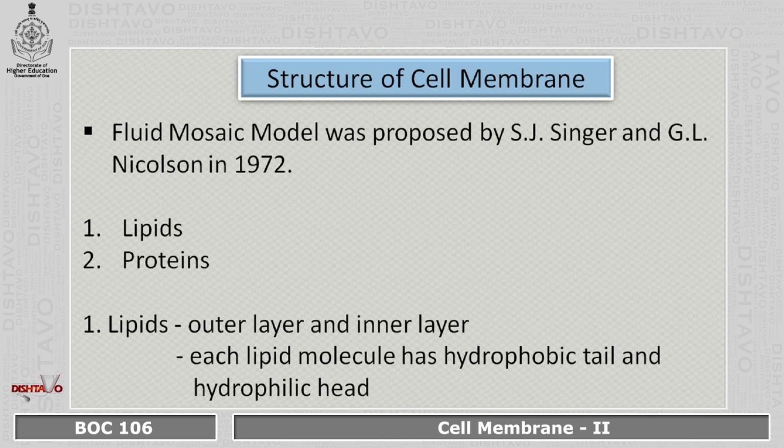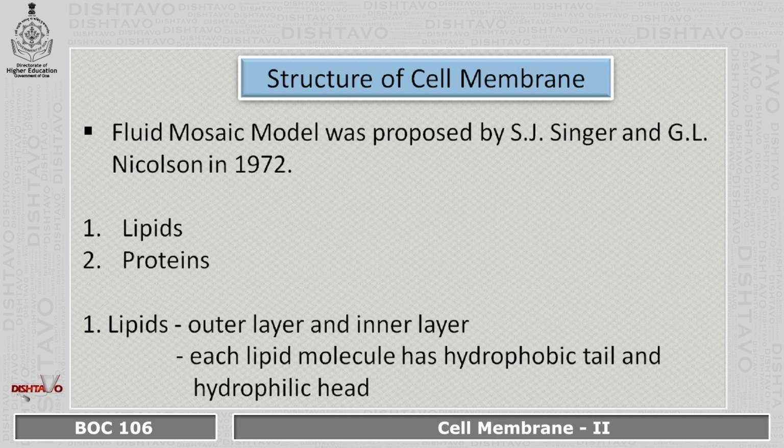The lipids are arranged in the form of two layers, an outer layer and an inner layer. The proteins do not form any layer. Each lipid molecule has a hydrophobic tail and a hydrophilic head.